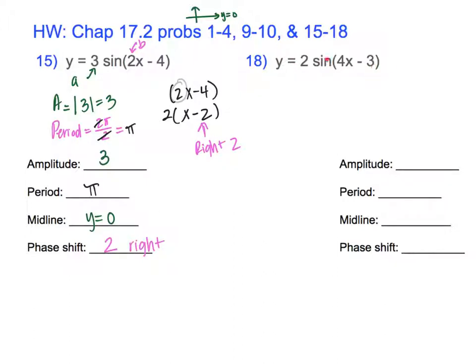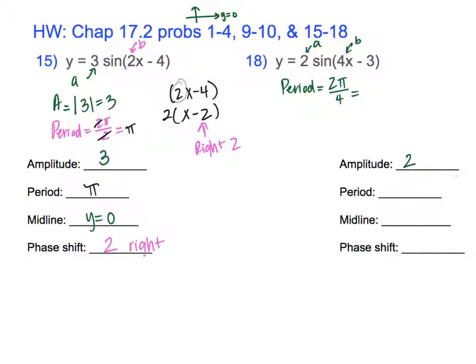Here my amplitude is 2. I could do the absolute value and show you, but I think you're used to that now. So the amplitude is 2, because that's my A. For my period, notice my B is 4, which I will also need to factor in a moment. So 2 pi over 4.